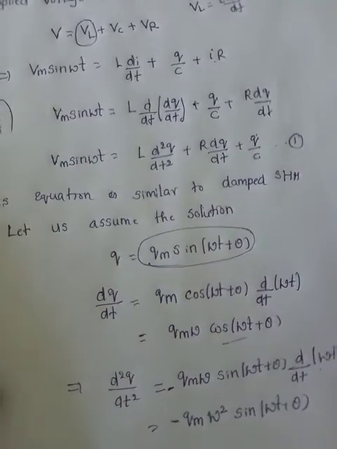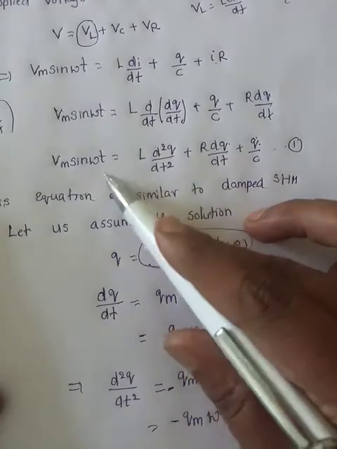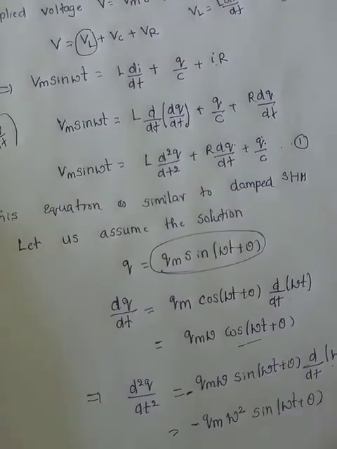Now we have the values of q, dq by dt, and d square q by dt square. We substitute all these values in equation 1.